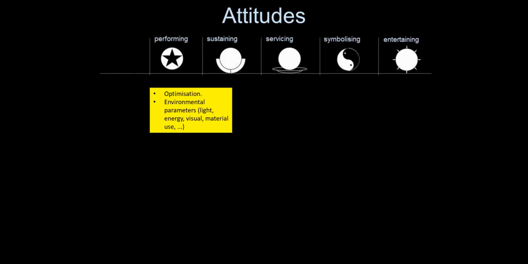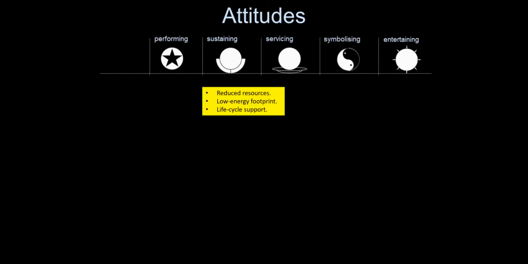Optimization of certain performance criteria, like amount of light that comes into the building, or reducing the amount of energy, or visual relationships, material use, etc. Another worldview could be rather to look at sustaining. No, I want to reduce my resources. I want to have a low energy footprint, or I want to look at the life cycle support.